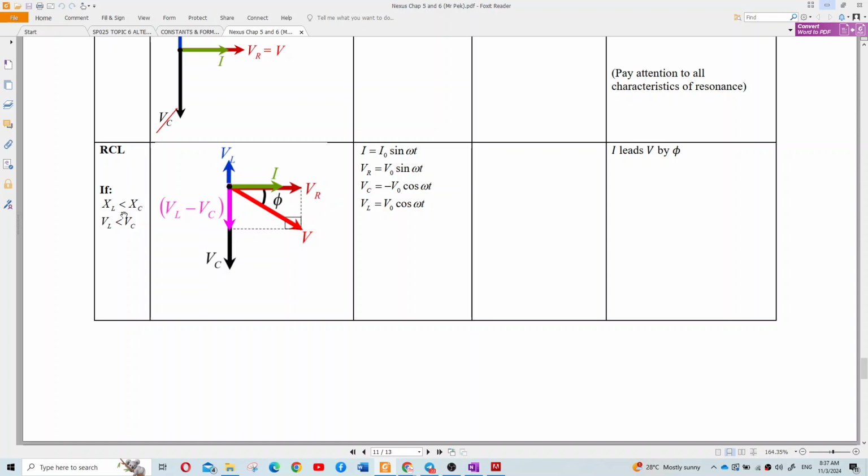So for this, XL is less than XC, or VL is less than VC, meaning XC or VC is bigger. XC or VC bigger means VC is longer compared to VL. So this is the resultant. VL minus VC.